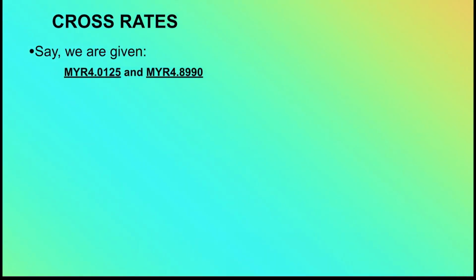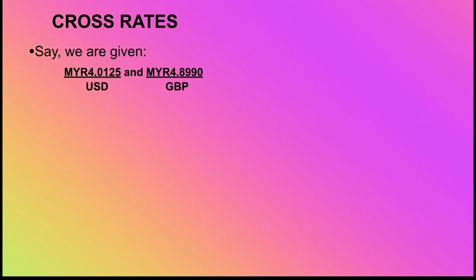Let's look at the next one, which is cross rates. How does the cross rate happen? Say we are given Malaysia Ringgit 4.0125 per US dollar and Malaysia Ringgit 4.8990 per Great Britain pound.